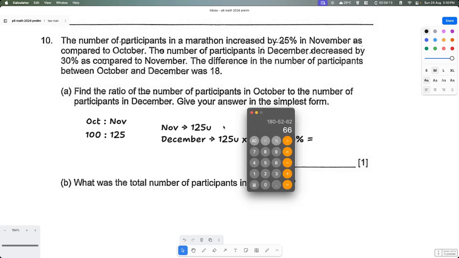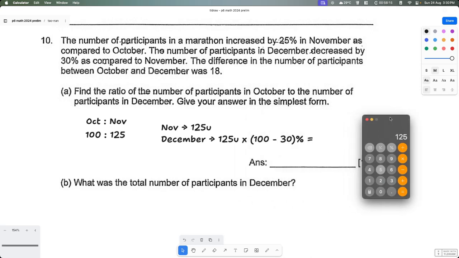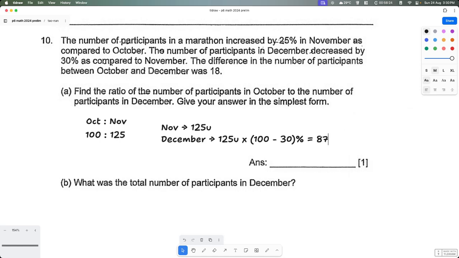So we calculate 1 to 5 multiplied by 70%, and this is equal to 87.5 in this case over here.